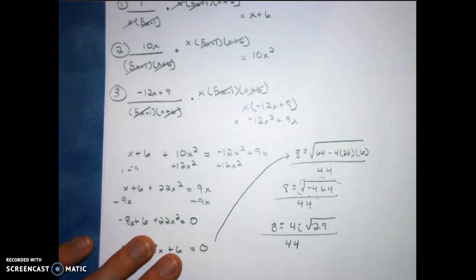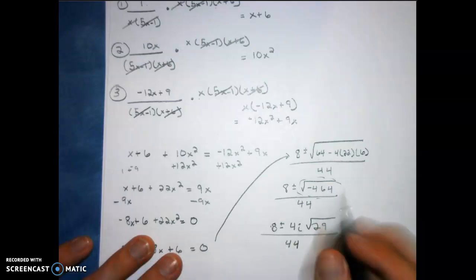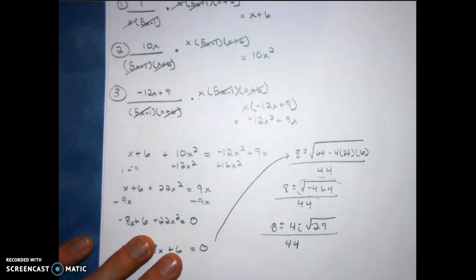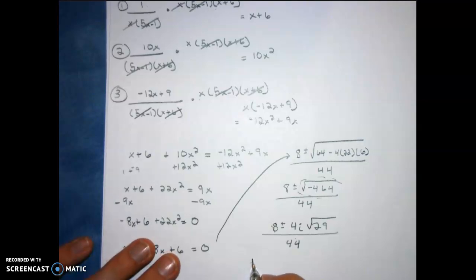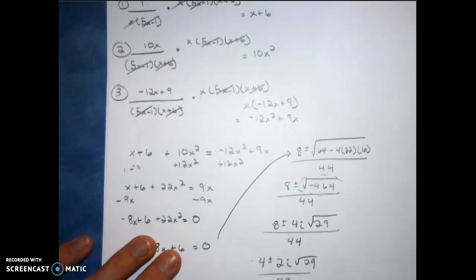But we can simplify this even further by simplifying these terms. Well, let's first just divide by 2. So I should get 4 plus or minus 2i square root of 29 over 22. Okay, that makes it a little clearer.